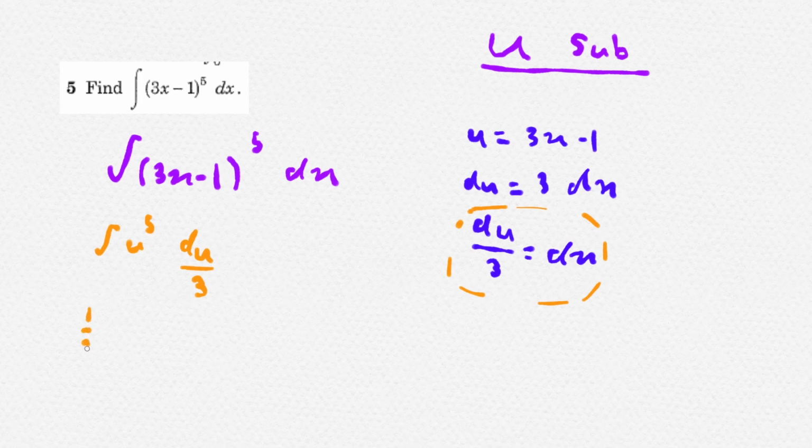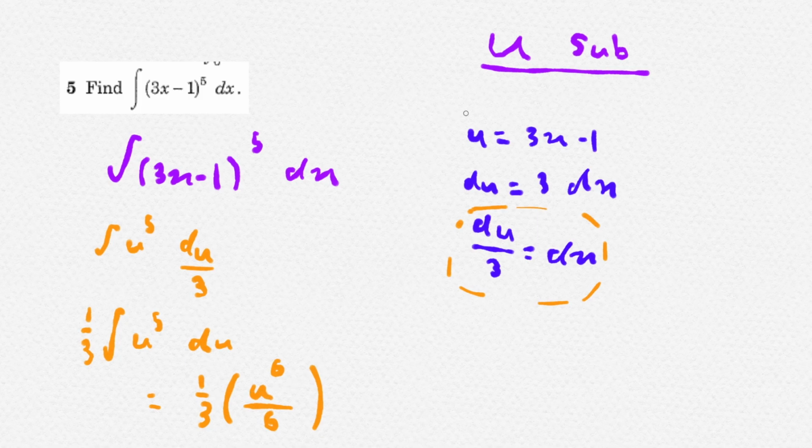Du over 3 is simply 1/3 times du, so we can bring the 1/3 to the front of the equation. Therefore, it would give 1/3 integral of u to the power of 5 du. Now, just like before, let's use our integration rule, and we know that we must add and then divide. So 1/3 of the integral u to the power of 5 will be u to the power of 6 divided by 6.